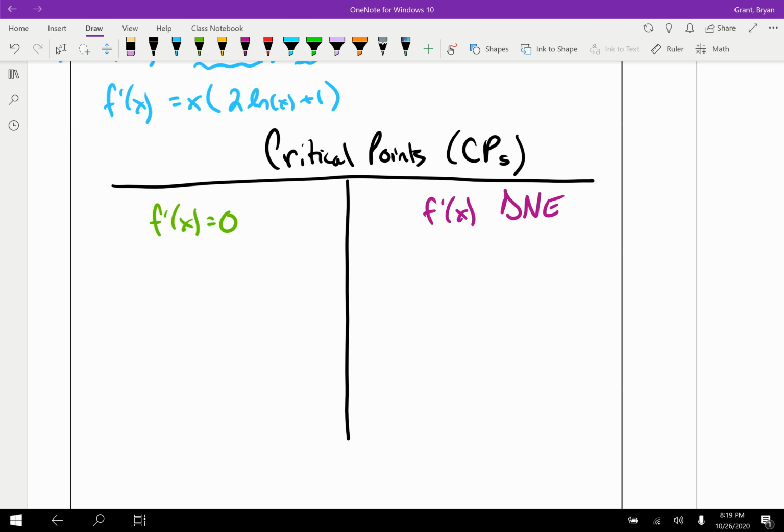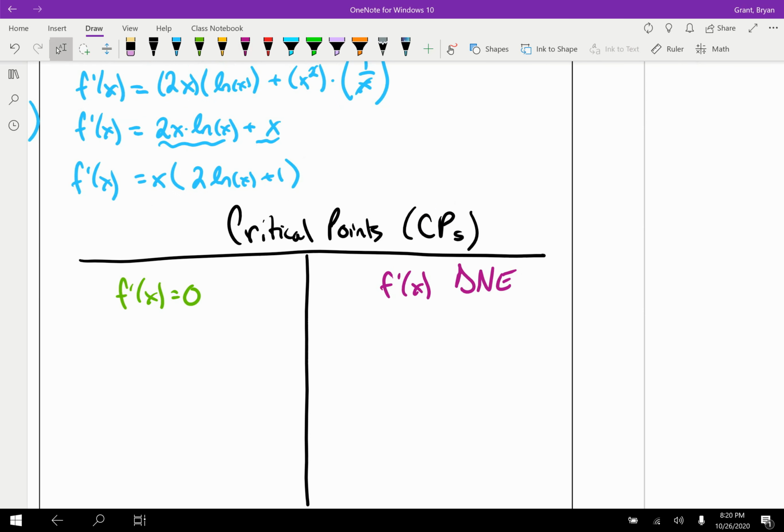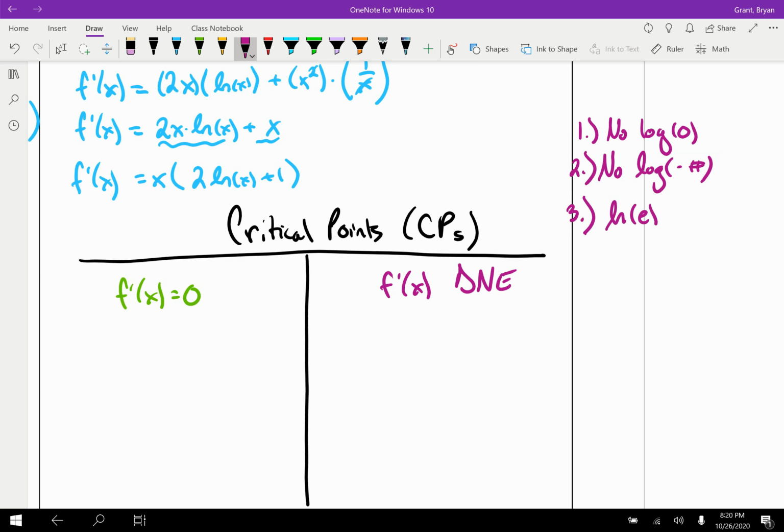We need to remember three key things about logs, or really natural log in general. First, you can't take any log of 0. Second, you can't take the log of any negative number. And third, you really want to remember what undoes each kind of log. So in this case, natural log and e make 1. You might even argue that there's a fourth one, remembering that any log of 1 is always 0 too.